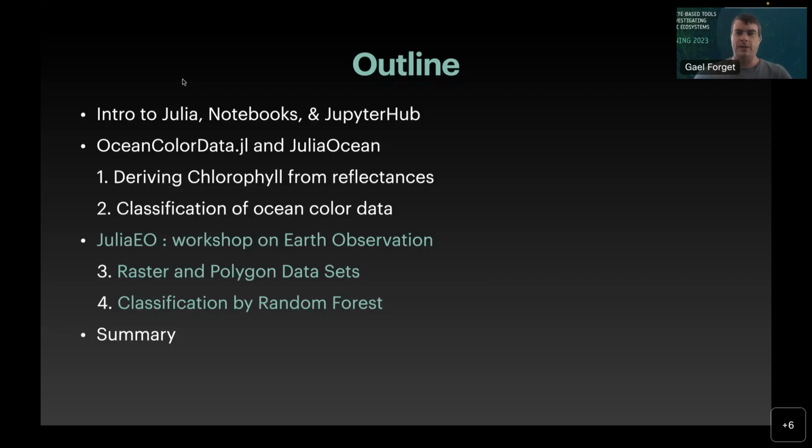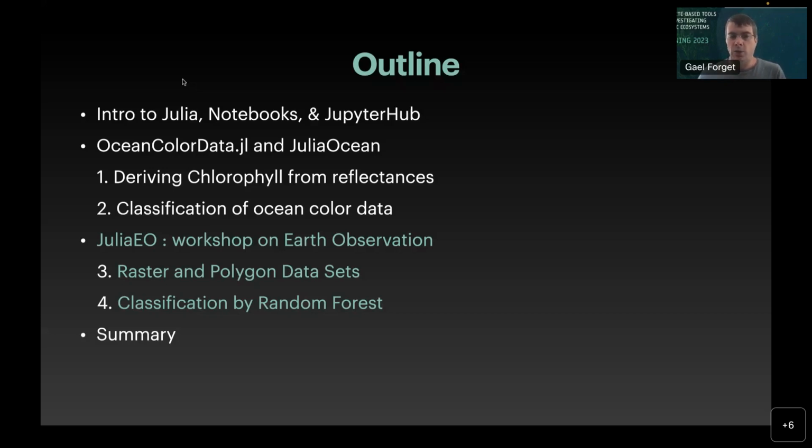All right. So let's move on to the next part of the presentation, the last main part. Now I'm going to tell you about this workshop that happened in January, where we brought together a big part of the community that develops Julia tools for Earth observation, broadly speaking. We're going to look at 2 notebooks.